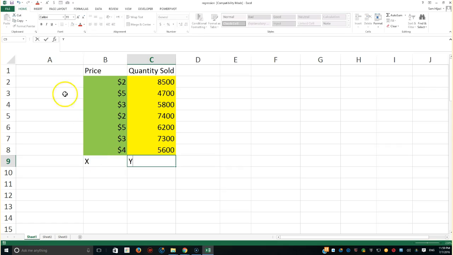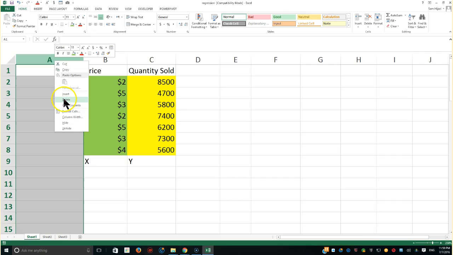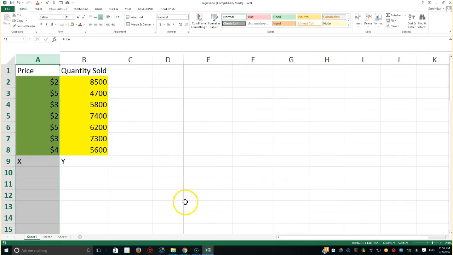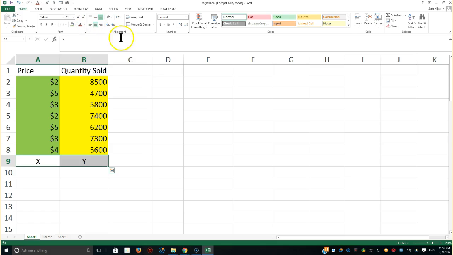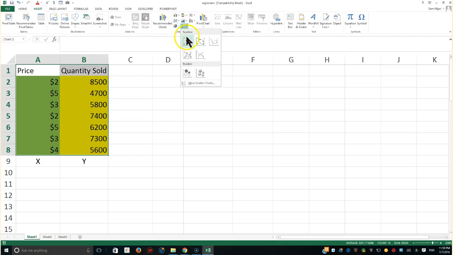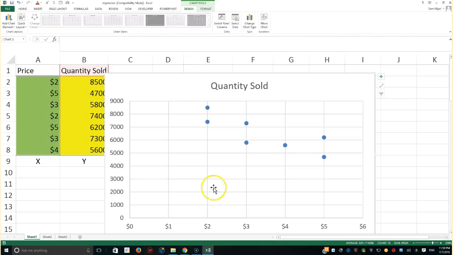Of course I could go ahead and delete this one here, and it's going to rename it for me anyway, so instead of cutting and pasting. And so I could go ahead and do the scatter, insert scatter chart, and notice here we ended up with what we really would like to see, the price in the x-axis and the quantity sold on the y-axis.